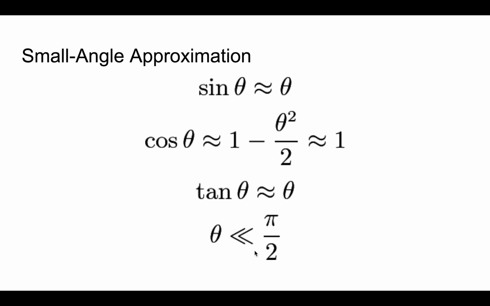Now there are two ways we can implement the small angle approximation. One way is to cut off all the terms where the exponent is greater than 2. That means we approximate sine of theta as theta, cosine of theta as 1 minus theta squared over 2, and tangent of theta as theta. Or we can cut off all the terms where the exponent of theta is greater than 1, which means that cosine, instead of being 1 minus theta squared over 2, is just 1.